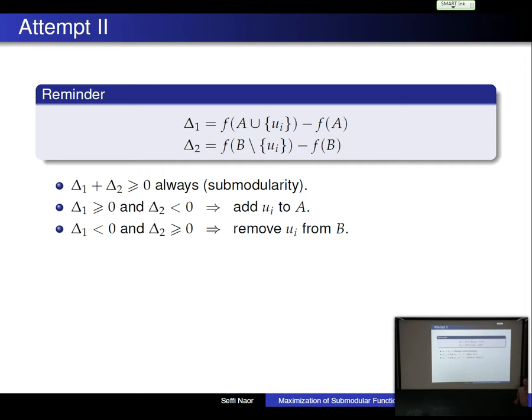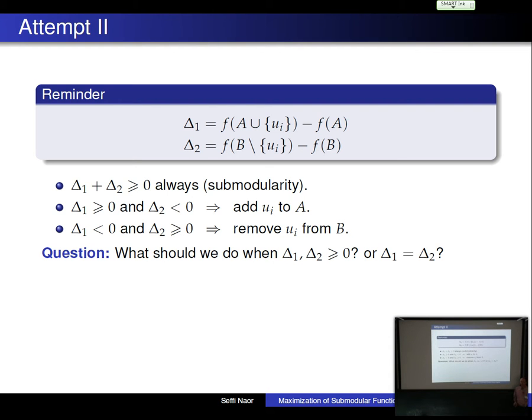Now, recall, by submodularity, delta 1 plus delta 2 is non-negative. If, let's say, delta 1 is bigger than or equal to 0, while delta 2 is negative, intuitively go for delta 1 and vice versa.